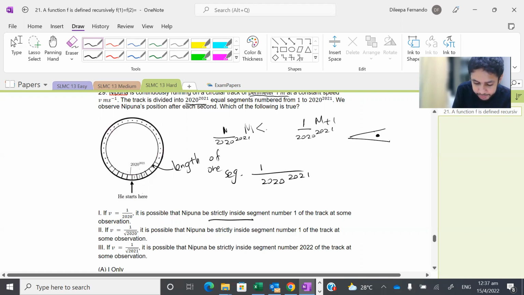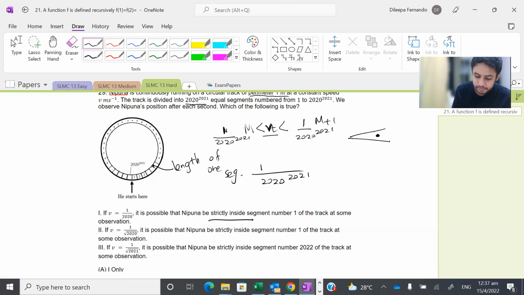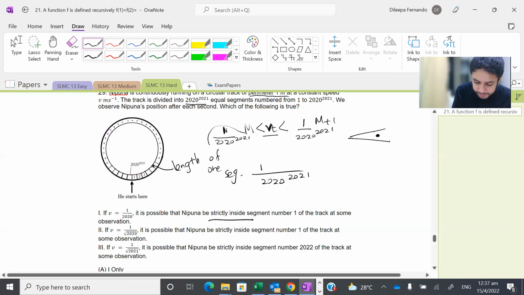So when v into the number of observations, let's say vt, is between two consecutive multiples of the segment size, that means he is inside the segment. He is strictly inside the segment because this is not less than or equal, this is strictly less than.